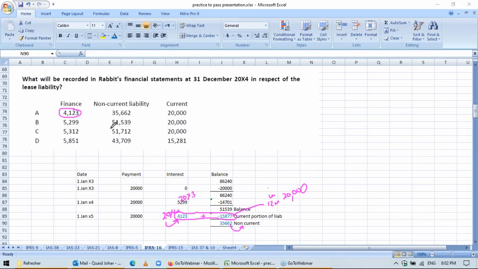They are asking about 2004. So this is the correct one. Then 35,662, this is correct, and the current liability is 20,000. So the correct answer is A.